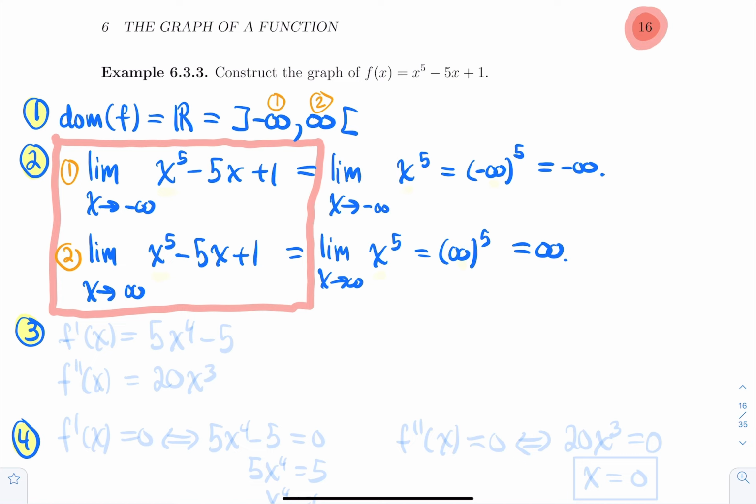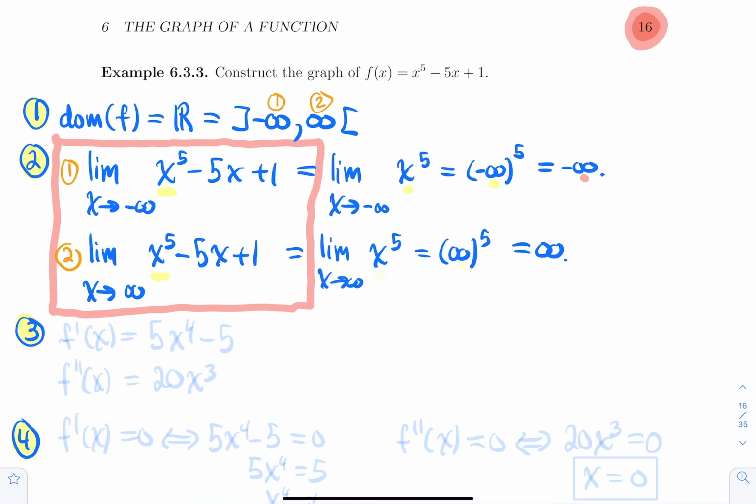You can only use that trick if you are computing limits going to infinities, and same thing for minus infinity or plus infinity. So the limit of x^5 minus 5x plus 1 is the same as the limit as x goes to minus infinity of x^5. You replace x by minus infinity to the power 5, which is minus infinity. So no horizontal asymptote, the function goes down forever as x gets larger negatively.